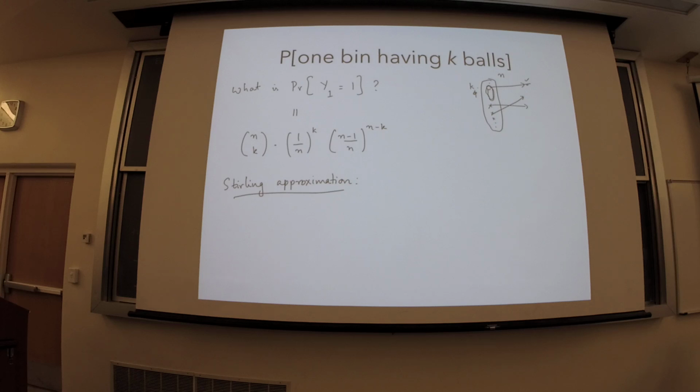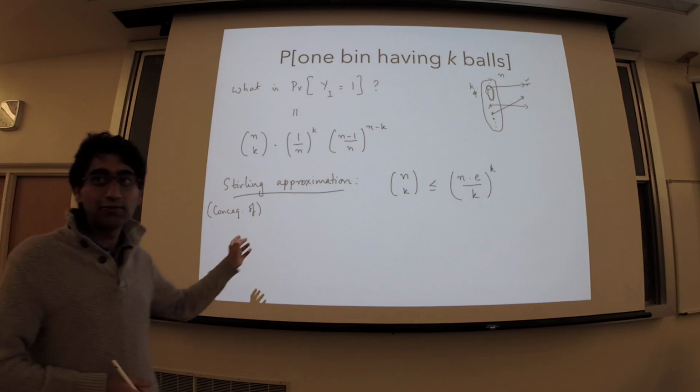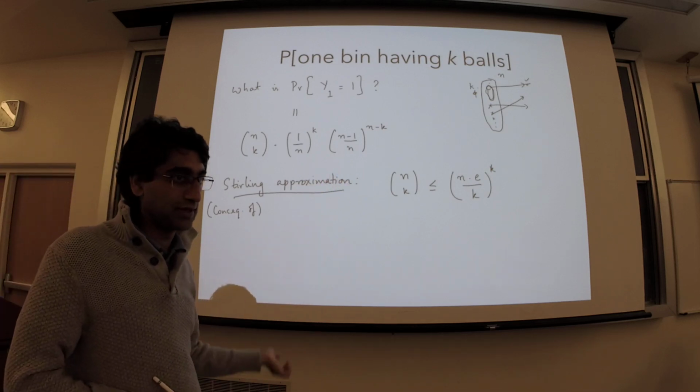The consequence of Stirling is that n choose k turns out to be less than or equal to (n times e divided by k) whole power k. This is a very useful fact when you are dealing with these kinds of things.